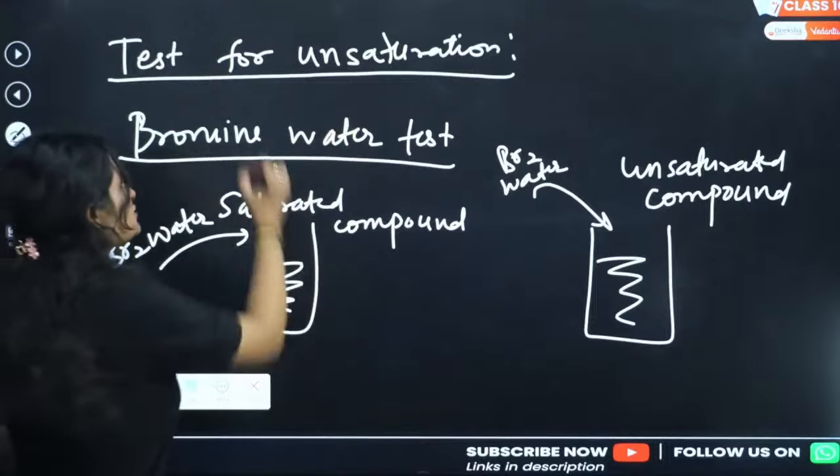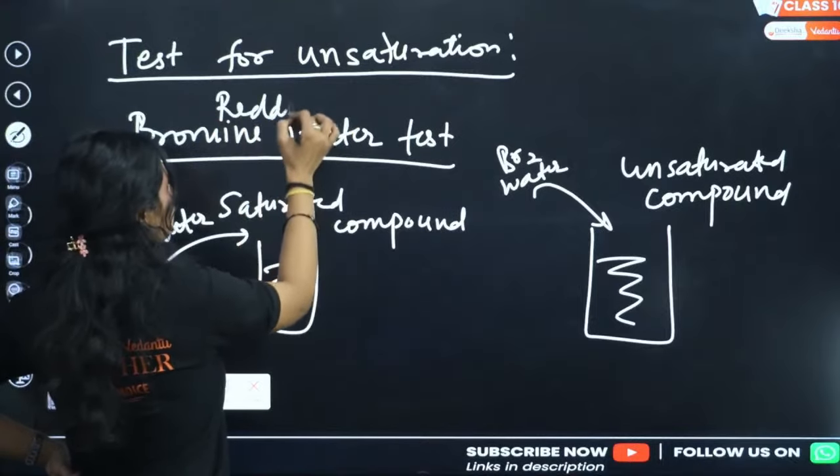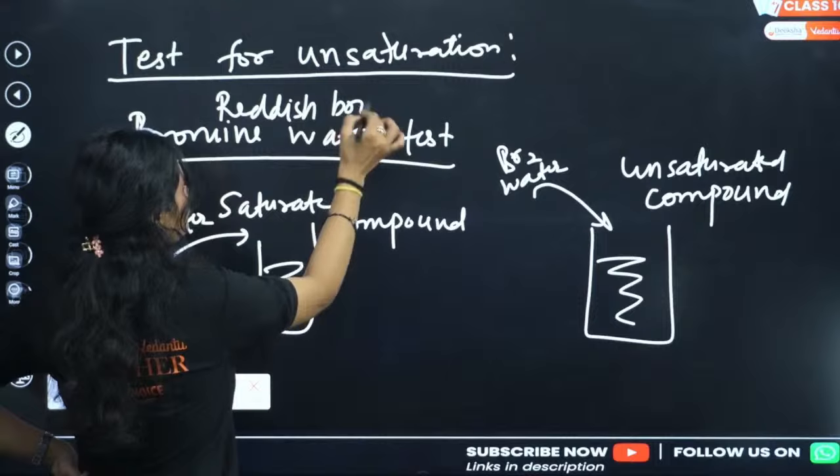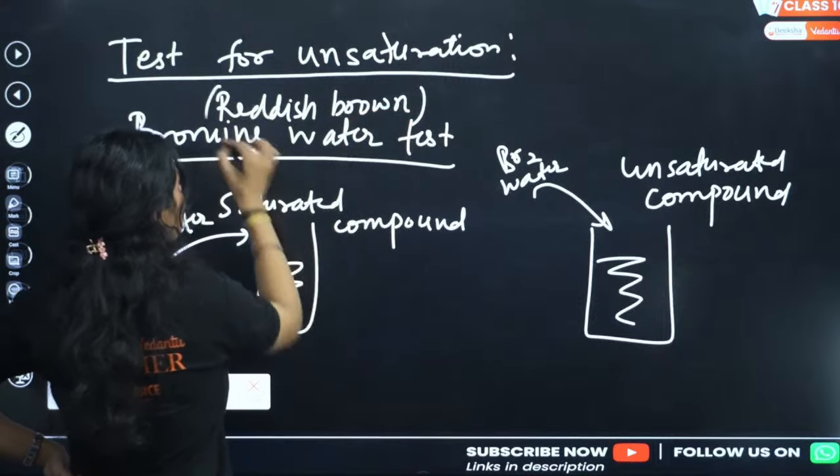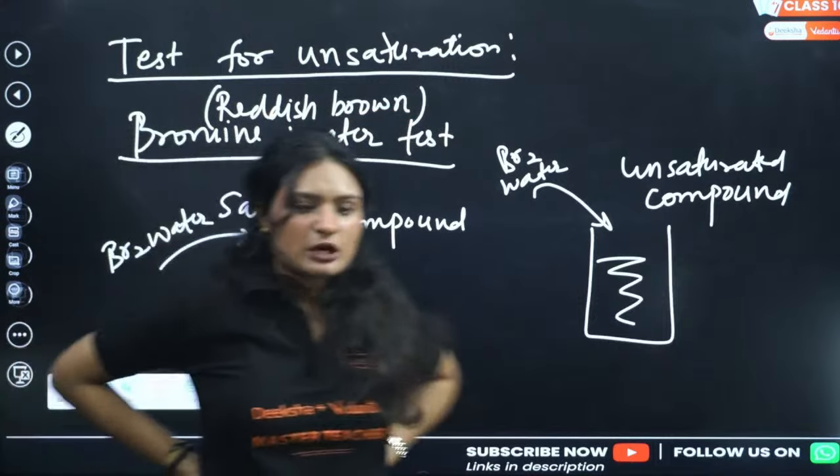Firstly, bromine water is reddish brown in color.